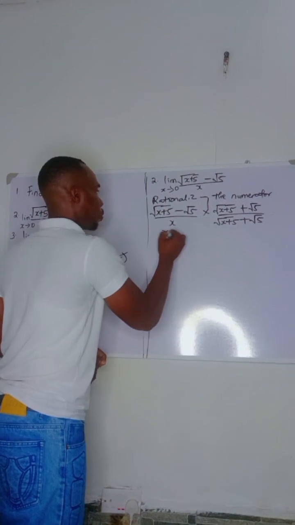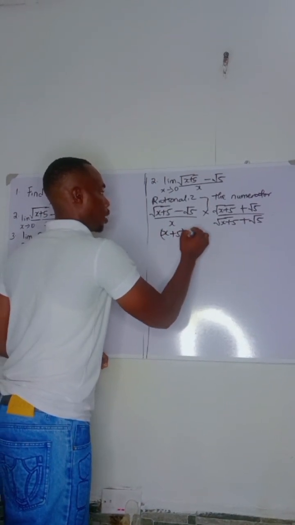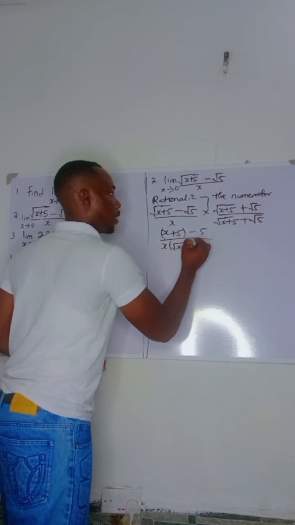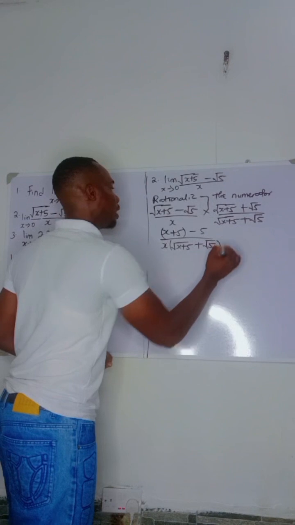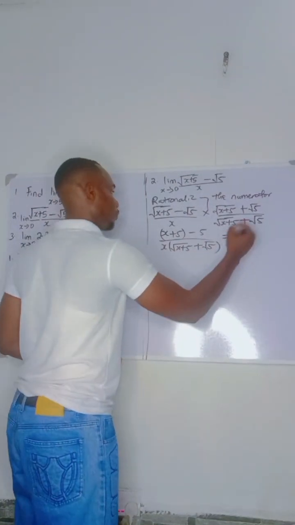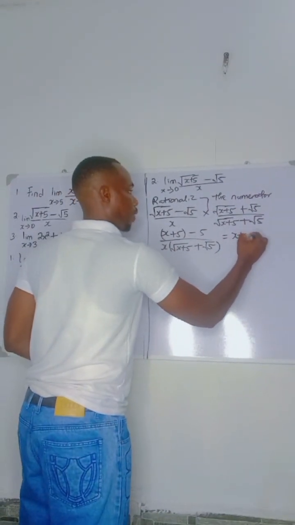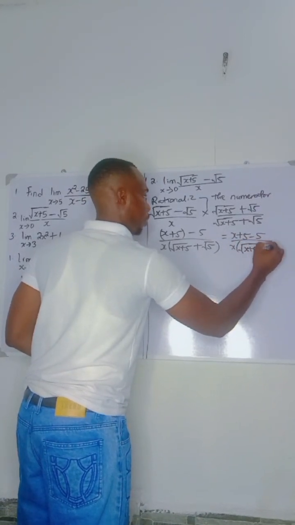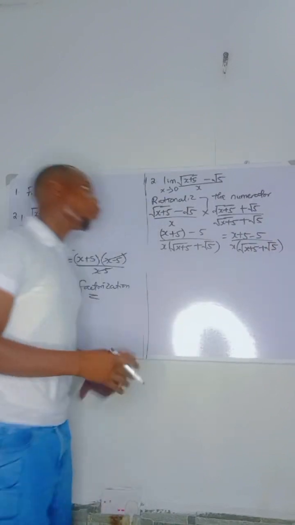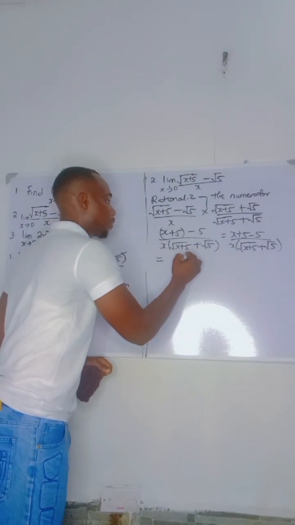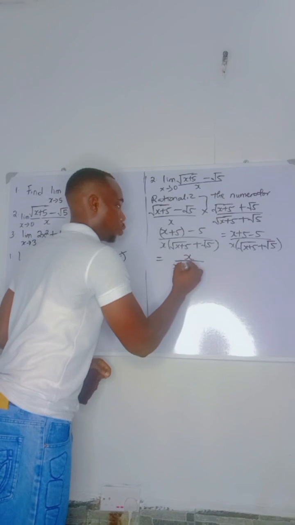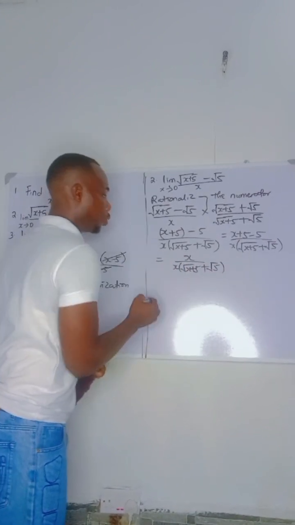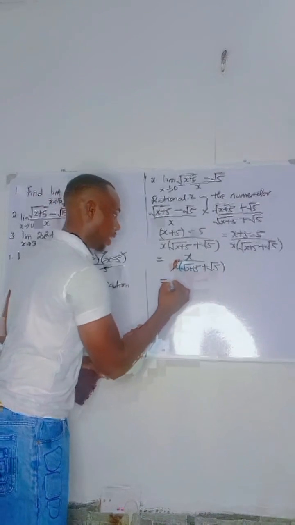So this now gives you x plus 5 minus 5 all over x into root x plus 5 plus root 5. 5 cancels out 5, so this gives us x all over x into root x plus 5 plus root 5. Now x can cancel out x.